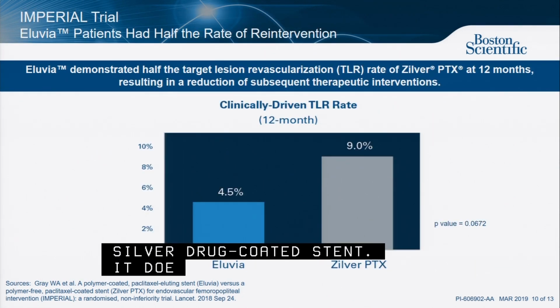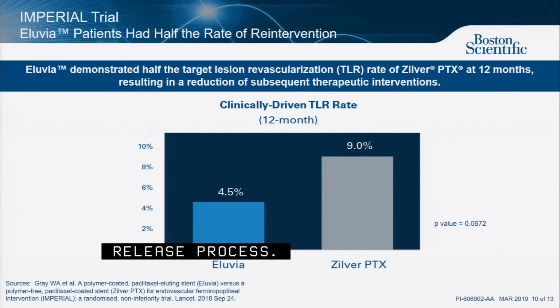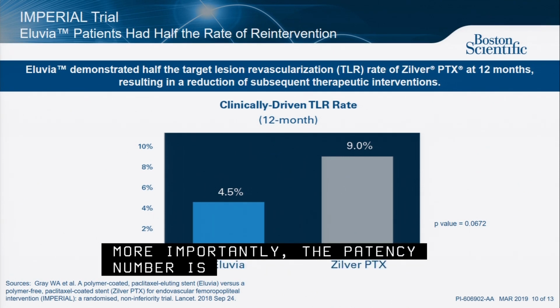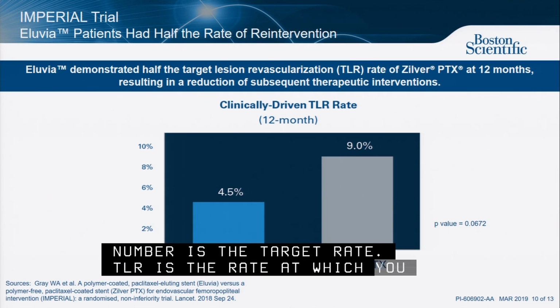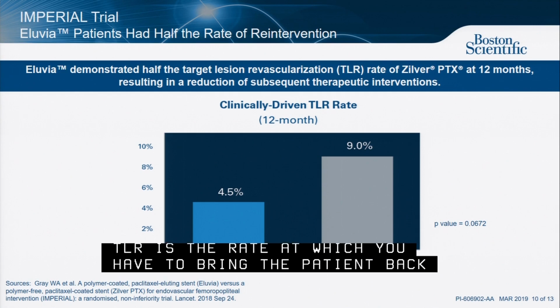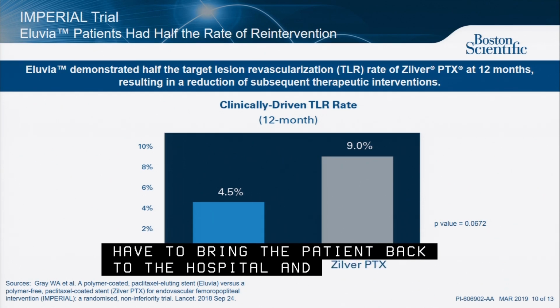But perhaps more importantly, that patency number is the target lesion revascularization rate. TLR is basically the rate at which you have to bring the patient back again to the hospital and reintervene in the exact same lesion that you treated previously.